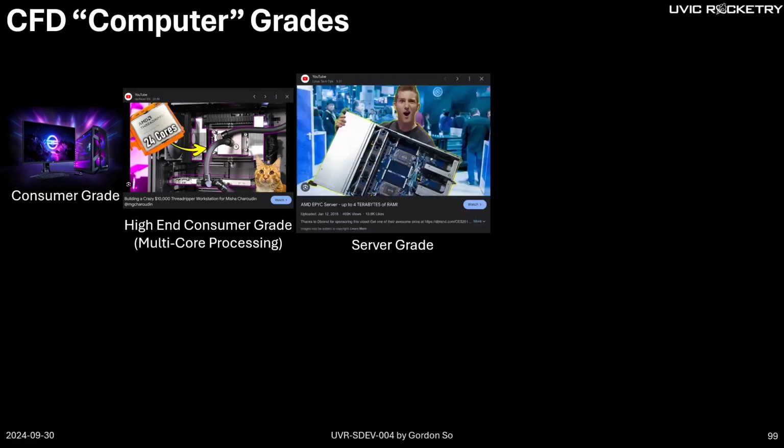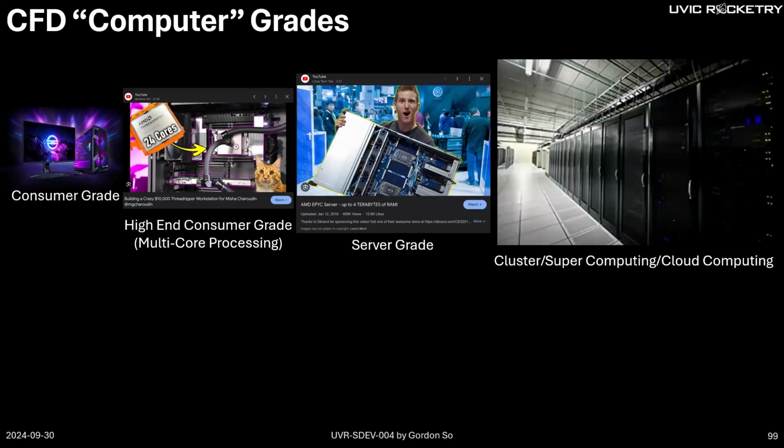The more cores you have, the more processes you can run, which means you save more time most of the time. And if you get so serious, you get into server grade. We all know this guy. And if you're that crazy, you start getting into clustering, supercomputing, and cloud computing, which is actually the trend of the industry, using server racks and clustered cloud computing, so anyone can run a good CFD without actual hardware.